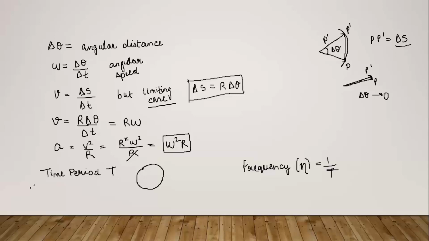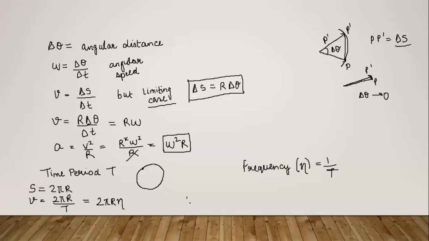Let the total distance be s, that the particle covers, which is 2 pi r, and the velocity will be this distance upon the time period T. We can write it as 2 pi r into 1 by T, and 1 by T can be written as frequency eta, so it is 2 pi r eta. This is writing velocity in terms of frequency.